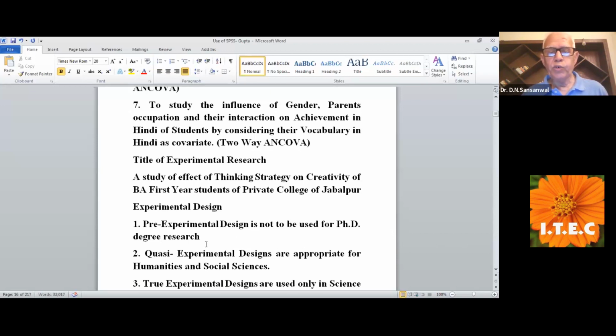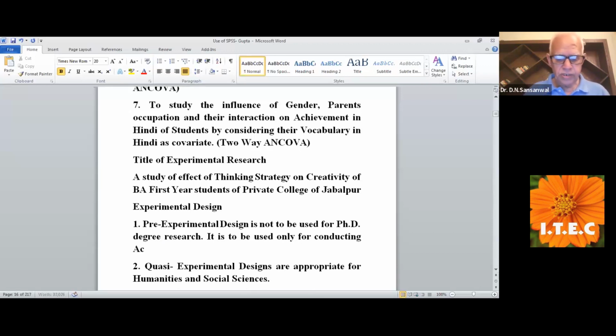It is to be used only for conducting action research. So this is what you should know.